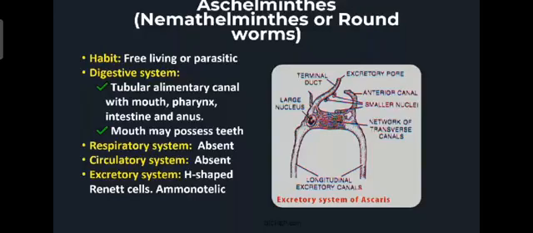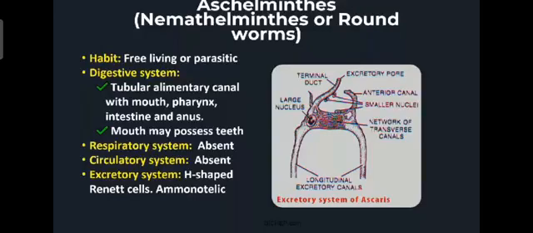Respiratory system absent, circulatory system absent, and excretory system. Excretion takes place by tube-like excretory structures. In the diagram below you can see the tube-like excretory structures, which open outside by the excretory pore. At the top you will see the excretory pore. So these H-shaped excretory tubes are present, which open outside by the excretory pore, and through which excretion takes place.